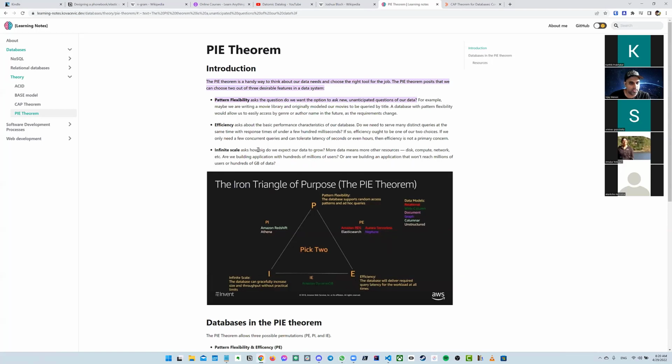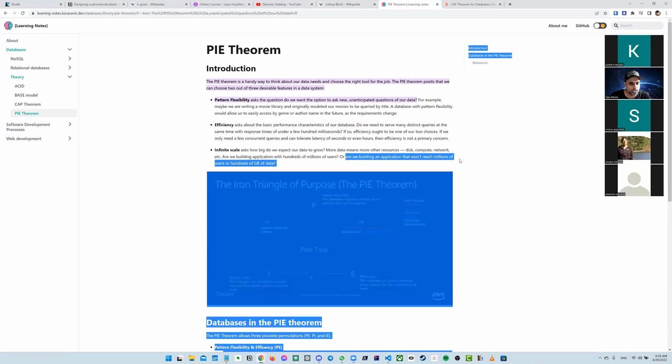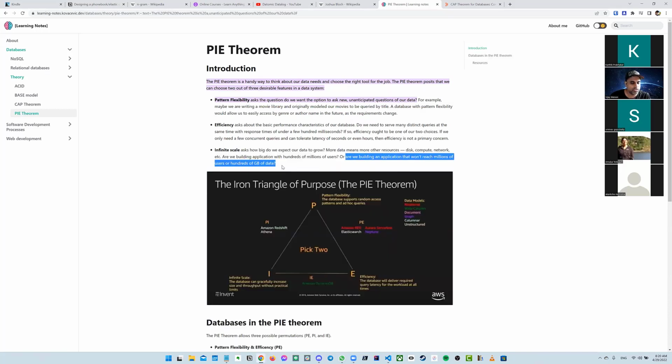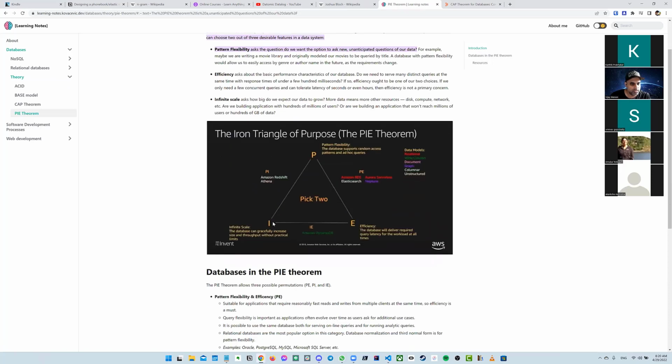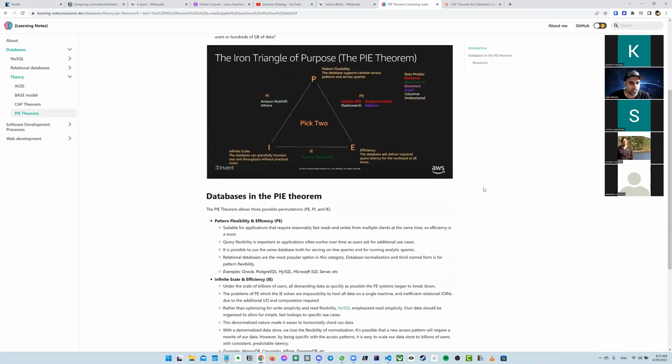And then infinite scale is how big do we expect the data to grow? More data means more resources: disks, compute, networks. Are we building an application that won't reach millions of users or hundreds of gigabytes of data? So this part is about how much space you need, right? So flexibility is the ability to change the schema, efficiency is the latency, how fast you get it, and then can this tolerate large amounts of data?